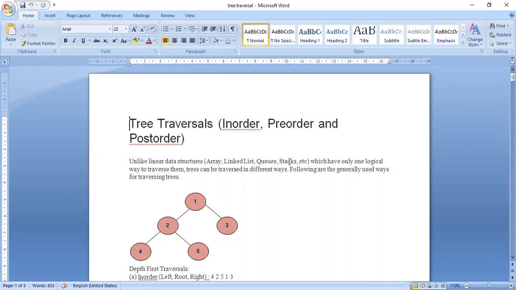In the same way, pre-order: first root node, next left node, next right node. Post-order: first left node, next right node, next root or parent node. So you can see in-order, pre-order, and post-order.